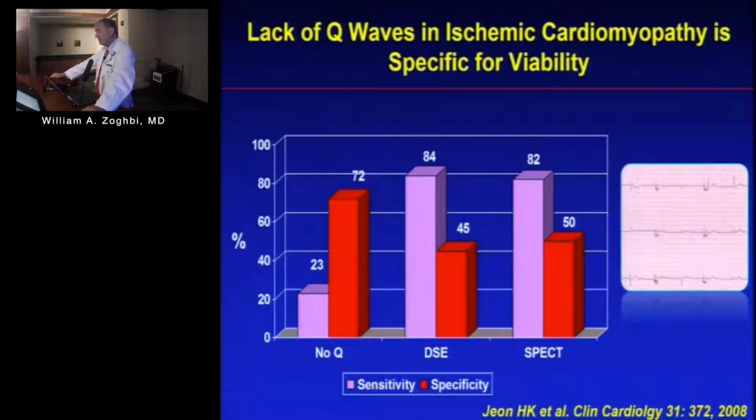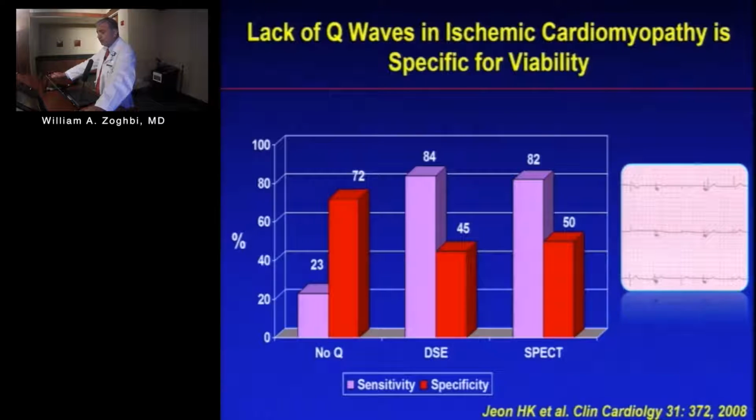One thing for our fellows, and I think in general, believe it or not, the electrocardiogram is important. It is actually quite specific. If you see a normal electrocardiogram, and I'm talking here normal without Q waves, etc., in somebody who has ischemic left ventricular dysfunction, meaning you have significant coronary disease and multiple distributions usually, or in a single large distribution, we've done work in the past when Dr. John was with us, looking at the specificity.